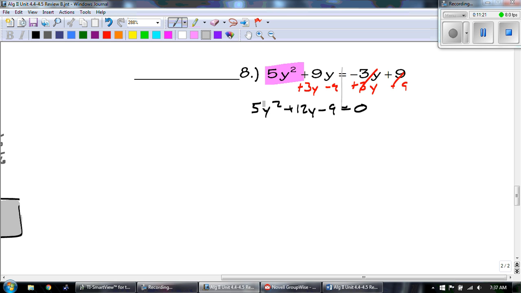Okay, so remember to check. 5 times -9 is a -45, and 12, so 45, we get 1 and 45, 3 and 15, 5 and 9, and if you notice, 3 and 15 work if the 3 is negative.